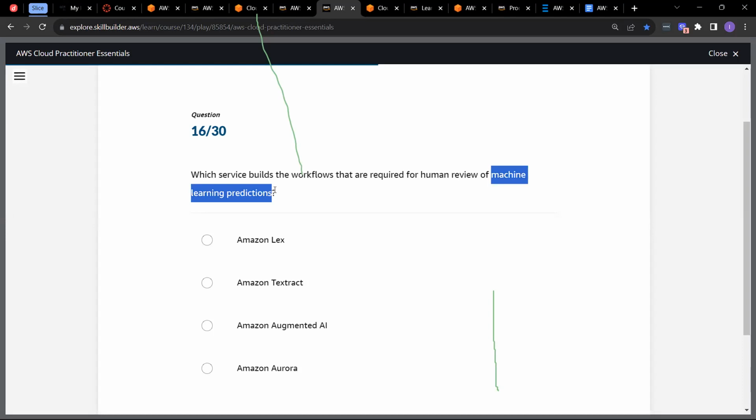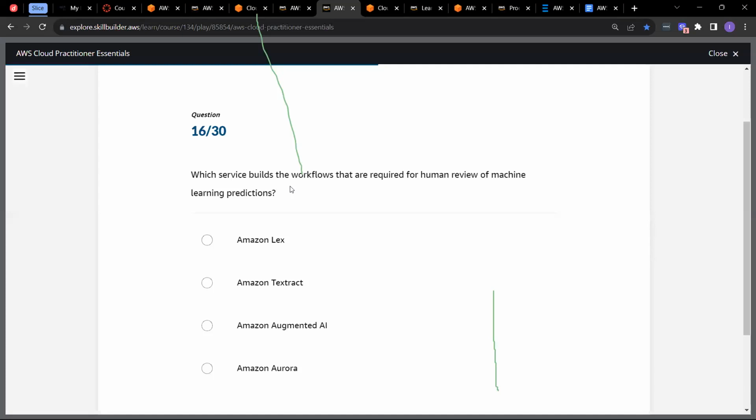All right. So I think, like you said, Amazon Lex is for chatbots, like Amazon's version of ChatGPT, where you can actually chat. Then Amazon Augmented AI. Augmented is just like if you see this VR set, like you can visualize. No, that's virtual.